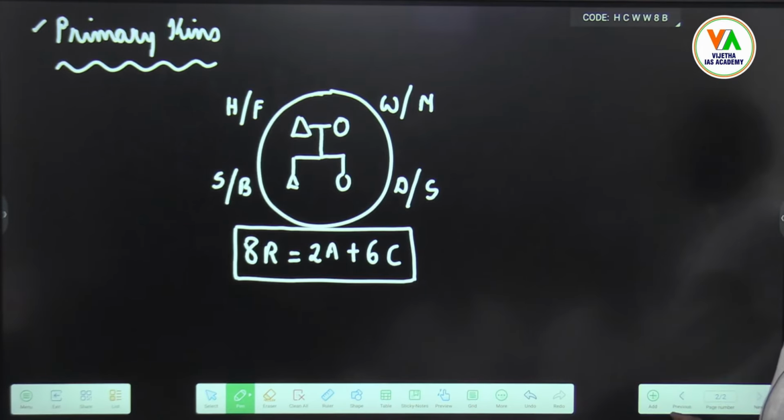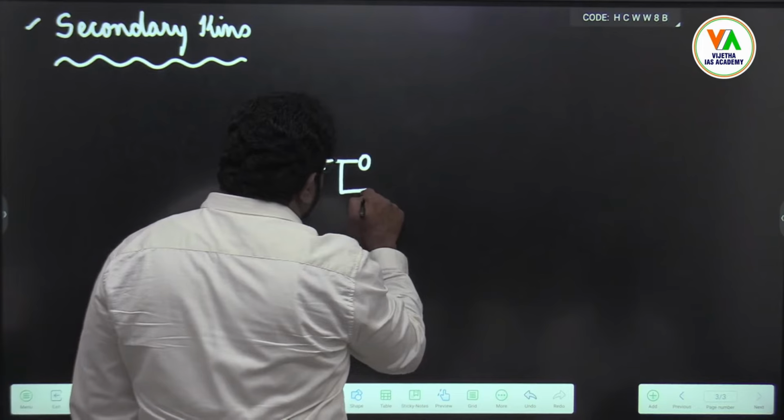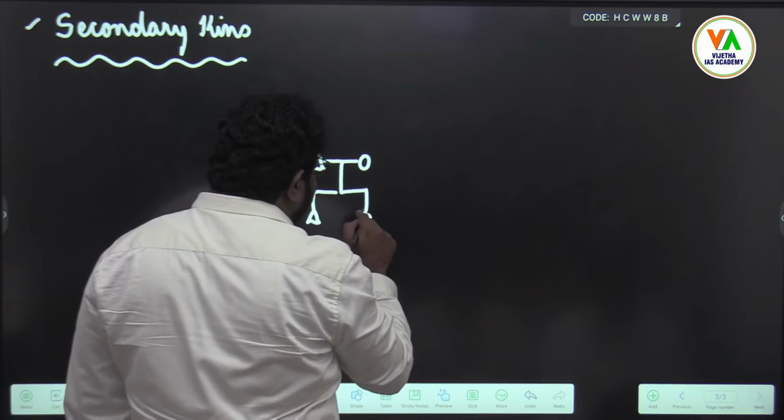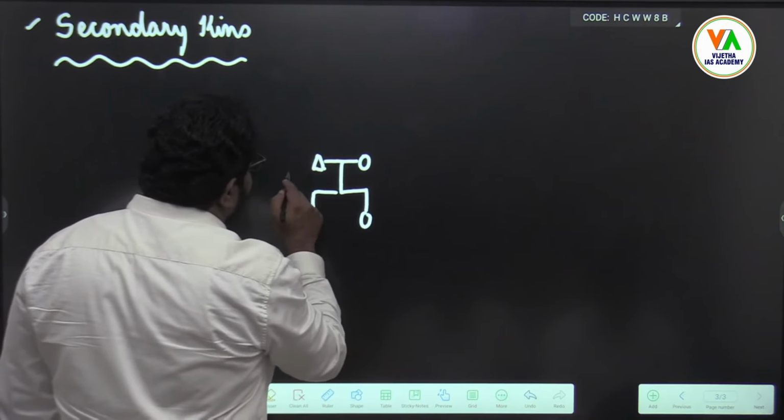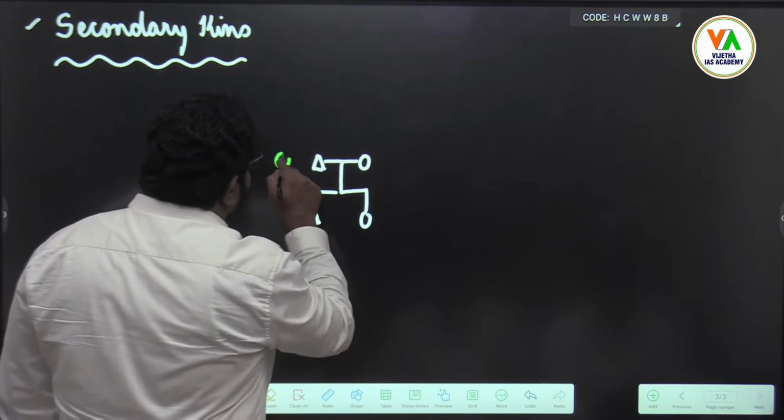Then who would be secondary kins? Very good. Secondary kins are primary kins of primary kins. So can you draw the diagram? So these are primary kins. Keeping this as constant, secondary kins will be their primary kins. So his sister, parents, maybe brother, parents.